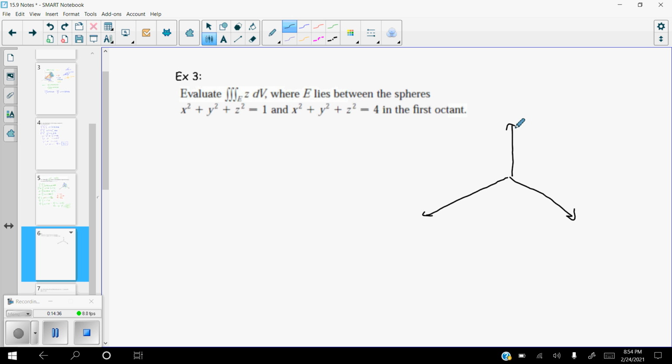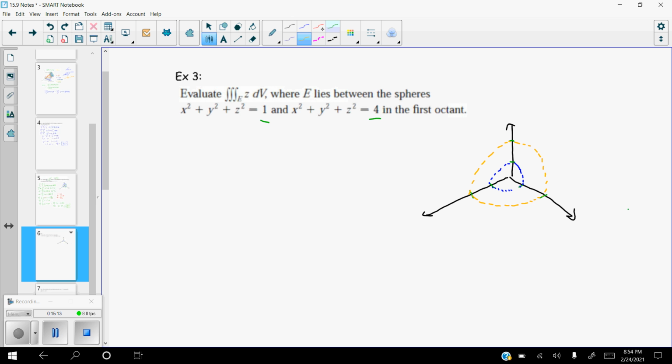We've got a sphere with a radius of 1, and we've got a sphere with a radius of 2. So here's 1, and here's 2. So what we've got is, I guess the best way to draw this is just to kind of draw spherical pieces like this, curved or whatever, something like that.